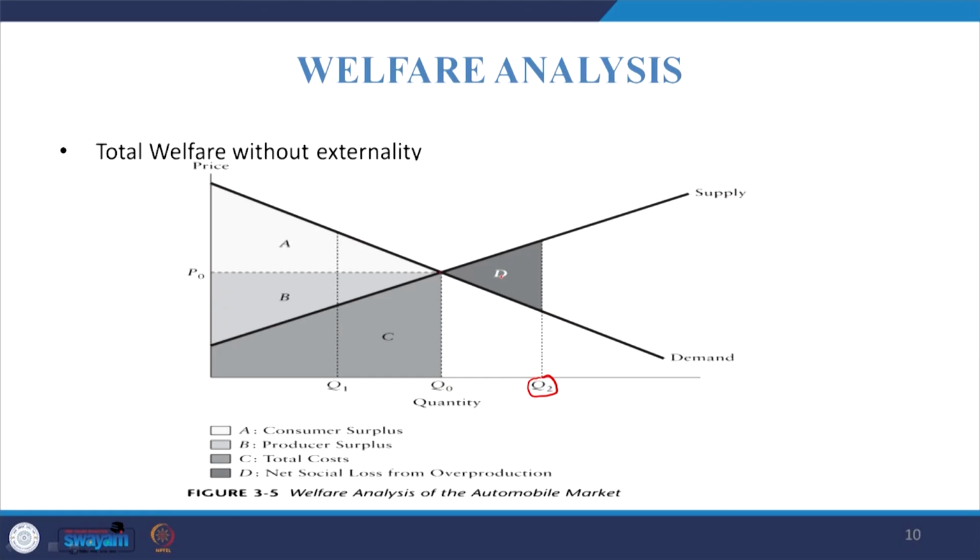Similarly, if you produce at OQ1, which is below the equilibrium point, again you can see there is a gap. Here the gap is between the marginal willingness to pay and the marginal willingness to accept, so obviously this gap also creates losses.